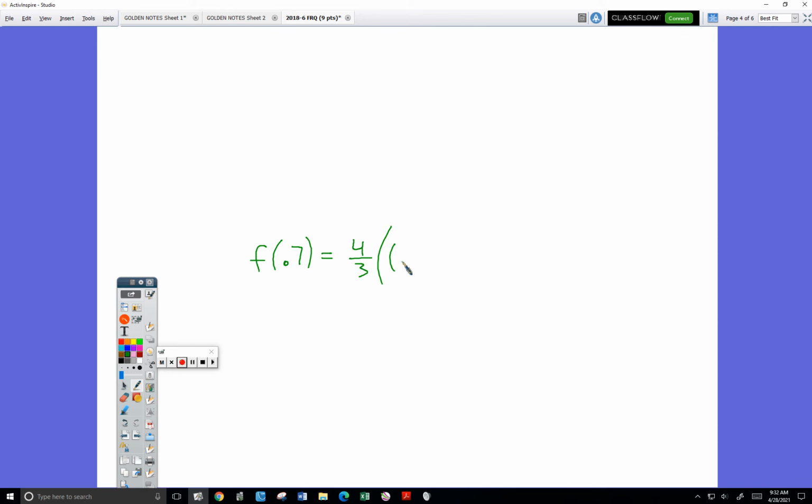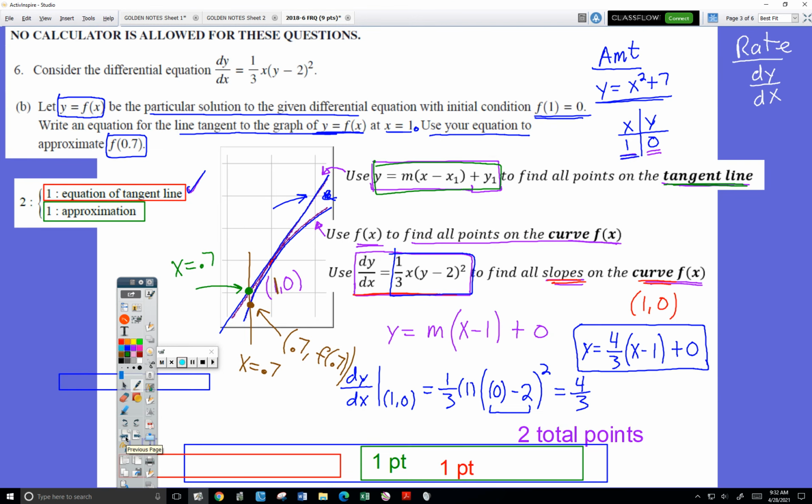Plug in an x value of 0.7, subtract 1, plus 0. And really we shouldn't write equal because we are not finding f of 0.7. We're finding something that is close to f of 0.7. If you do this, you get that second point right here. So 2 points possible on part 6B.